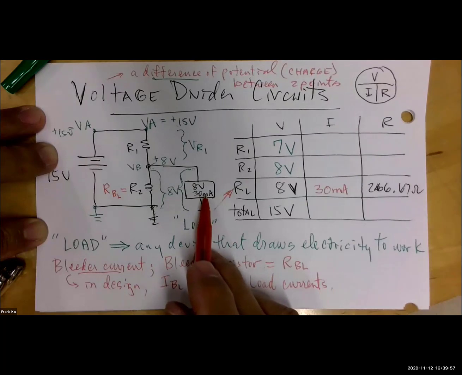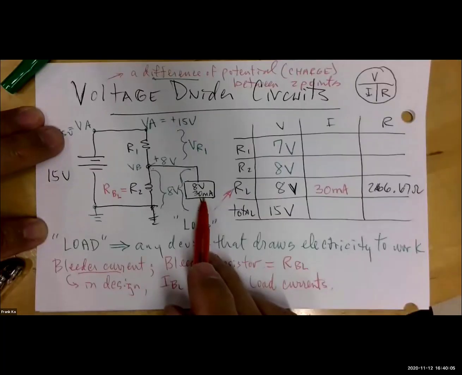Do I have a load current? Wei-Ji. Yes. And what's 1/10 of this load current? 3 milliamp.